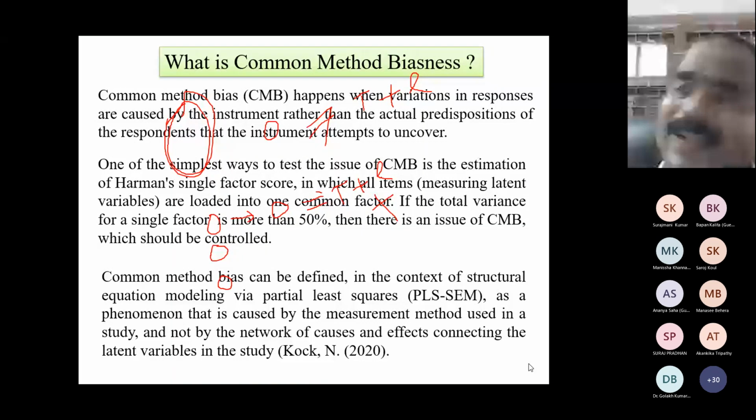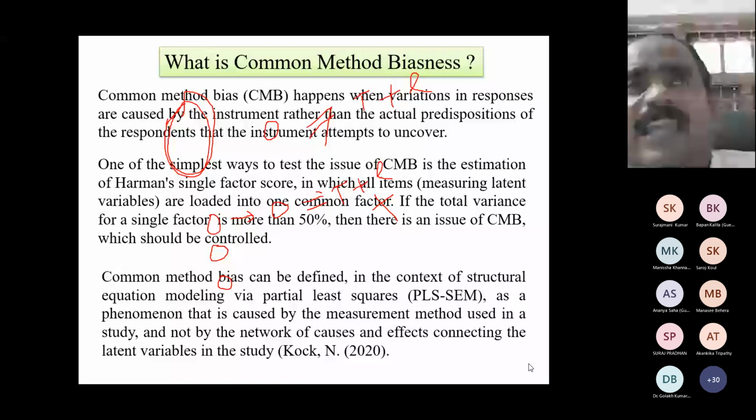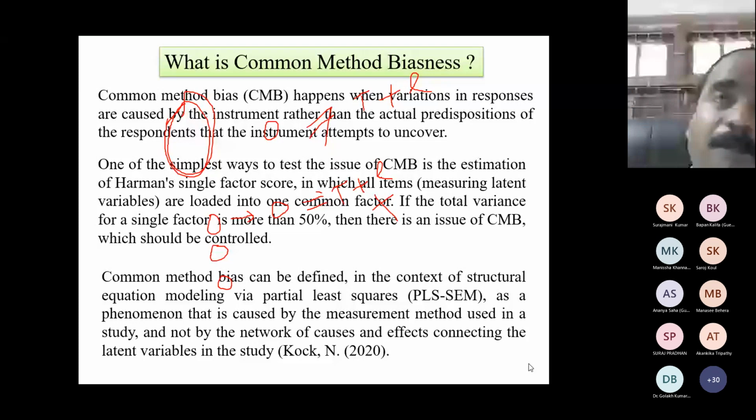What is the logic behind it according to Herman? Herman is saying if one factor is explaining more than half of your entire variance, which is 100%, if only one factor is creating more than half of the entire variance, then there is a problem in method. Your method has exaggerated. Really there is no difference.